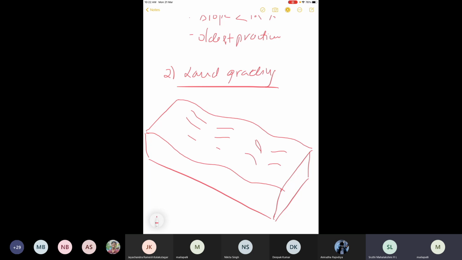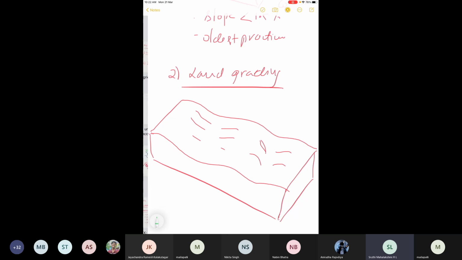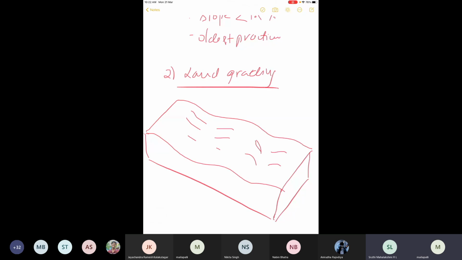You want to make a regular grade. So this is the slope I'm expecting.